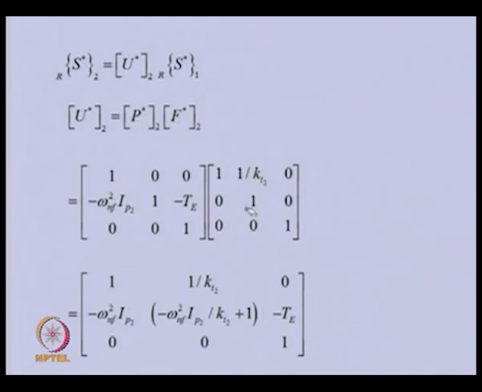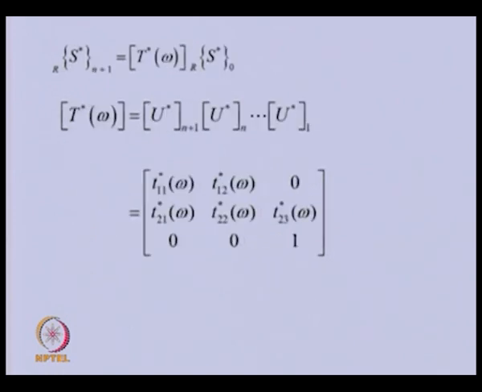This is the modified field matrix, this is the modified point matrix, and the external torque was here. If we multiply them, it will have this particular form. This is a 3 by 3 matrix, and the external torque is here. The first 2 by 2 rows and columns are the same as the previous ones, only this is new.